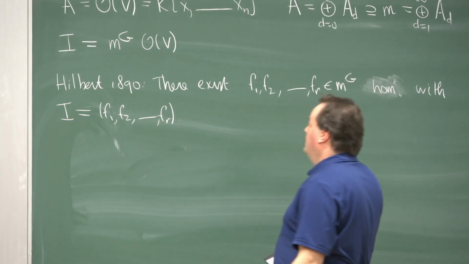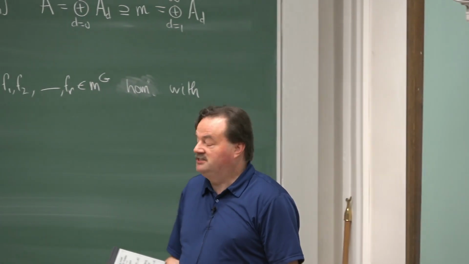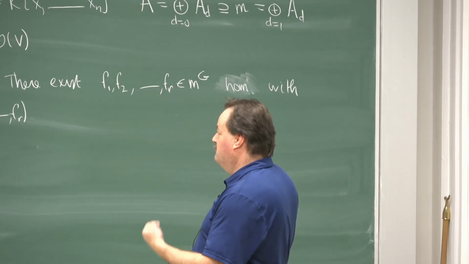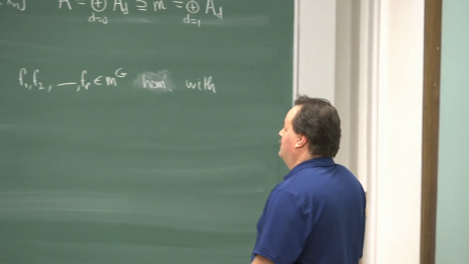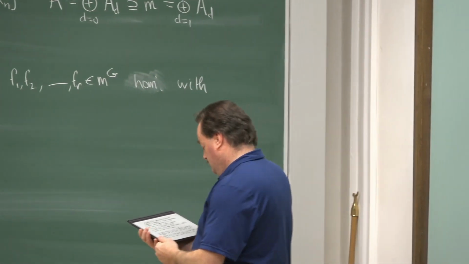This is just basically saying that this ideal is finitely generated, which Hilbert proved in this paper. So we kind of needed to prove this finite generation of ideals to prove this result in invariant theory.